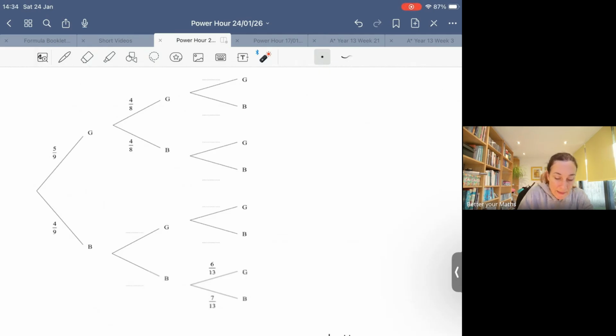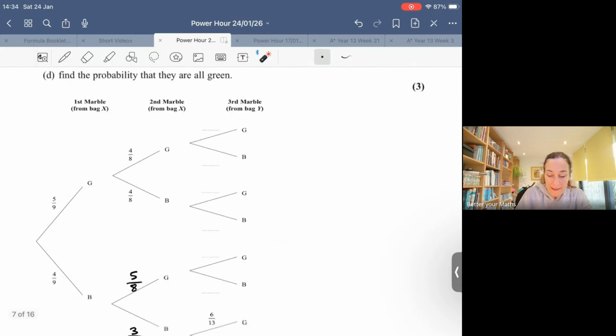I still have my 5 green, and then I have 8 marbles. Perfect. So what is the other then? 3 over 8. Exactly. Perfect. Because they must add up to 1, and because I have 1 less blue. Yeah. So it's very simple.